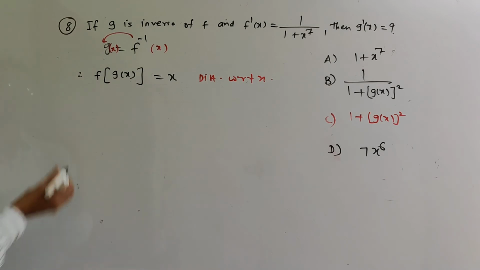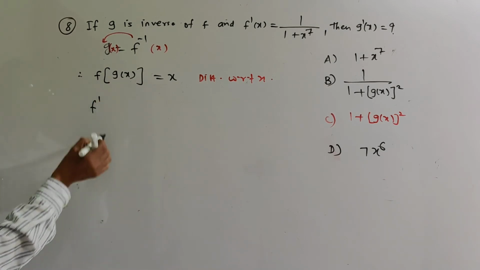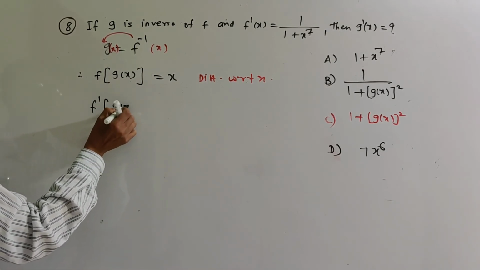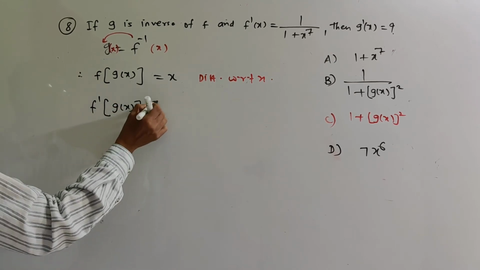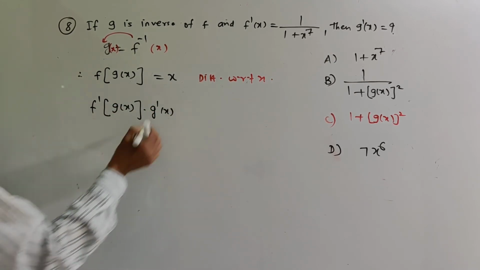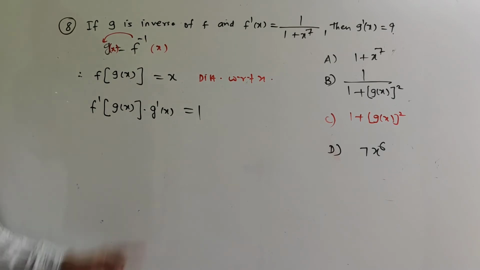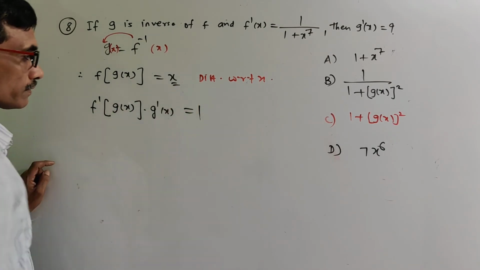it gives derivative of this as f dash of g x into g dash of x, and on the right hand side the derivative of x is 1.